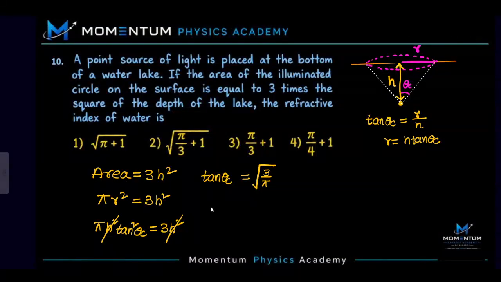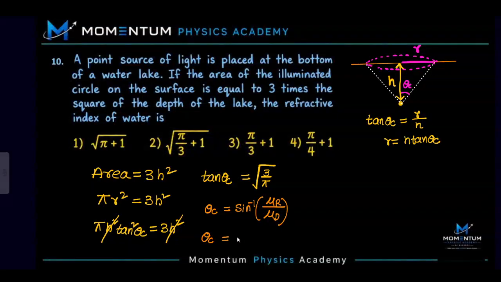Now theta C is the critical angle. What is the critical angle formula? Theta C is equal to sine inverse of mu R by mu D. Medium 1 is air, medium 2 is some water medium, and we have to find the refractive index.